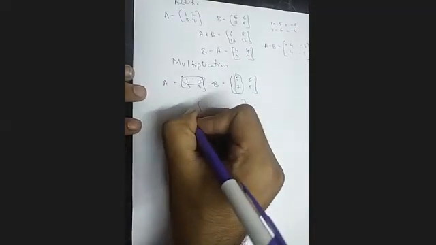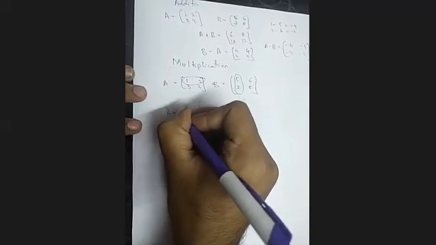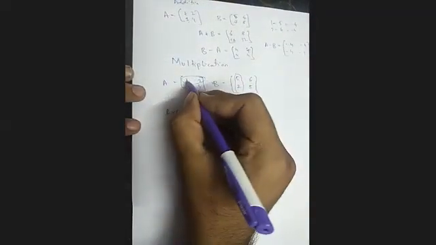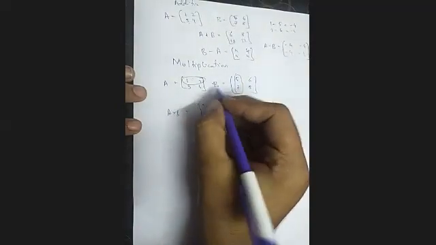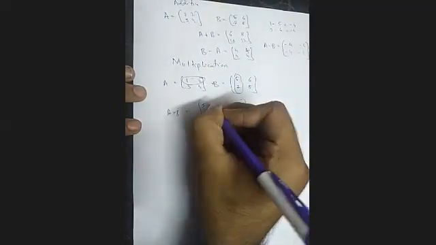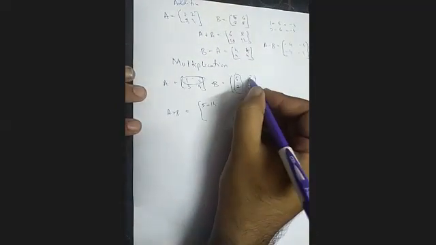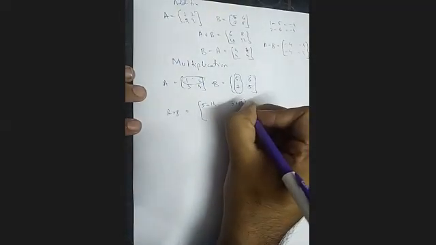So A into B will be 1 into 5 is 5. 2 into 7 is 14. Then 1 into 6 is 6. 2 into 8 is 16.